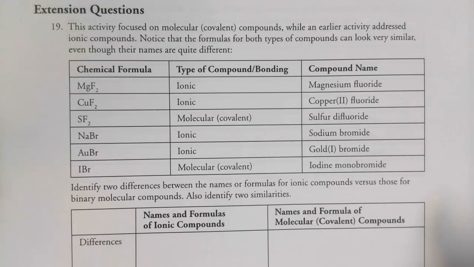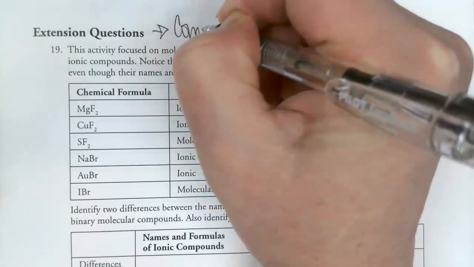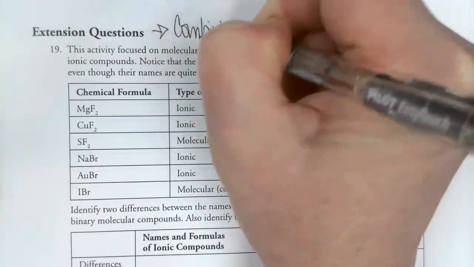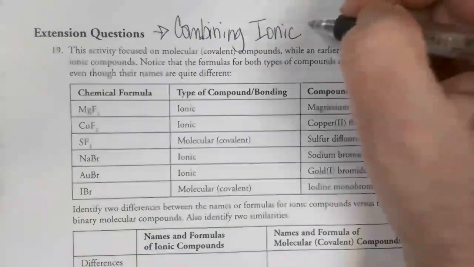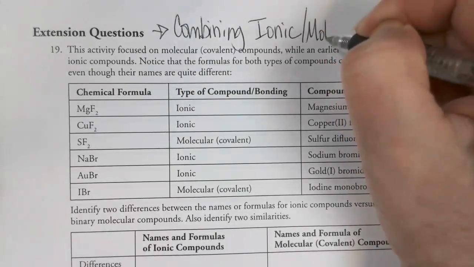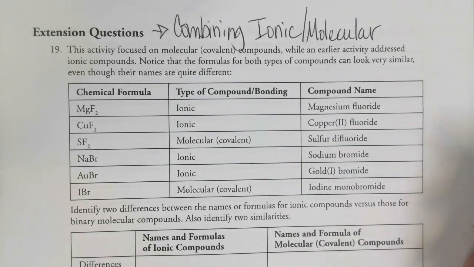Okay. Now, what about this bit here? The very last couple of pages I went ahead and included in here. And just so you know, this is combining what we learned from the names and formulas of ionic compounds and what we have learned in the process of doing this POGIL about molecular or covalent compounds. Some of the compounds listed are ionic and some of them are covalent, okay?